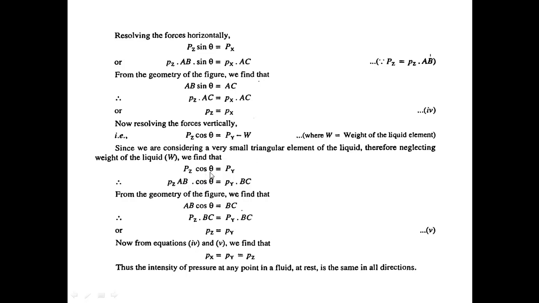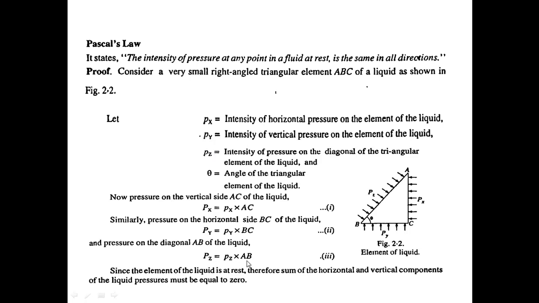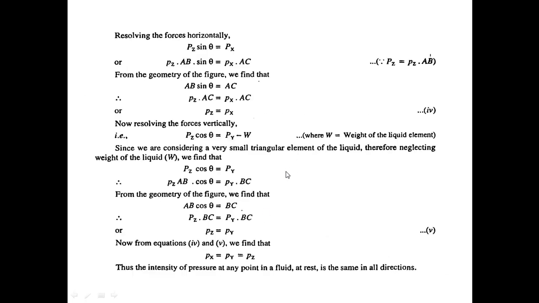So this equation comes out to be pz AB cos theta equal to py BC, where capital Pz is equal to small pz AB and capital Py is equal to small py BC. These are the values of capital Pz and capital Py.